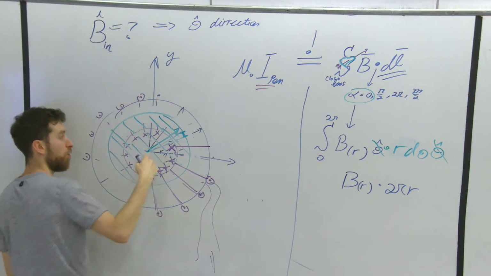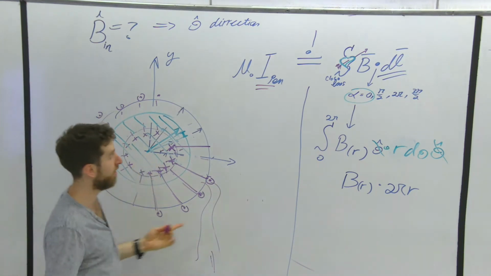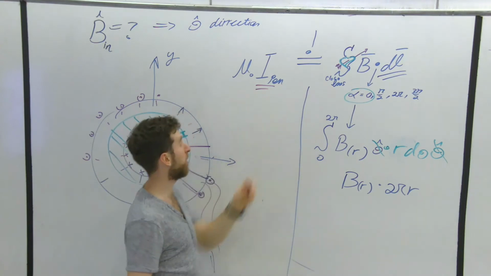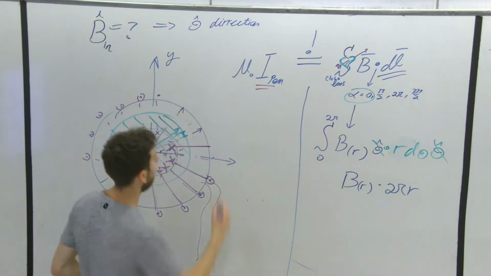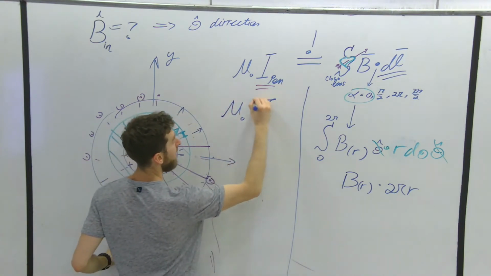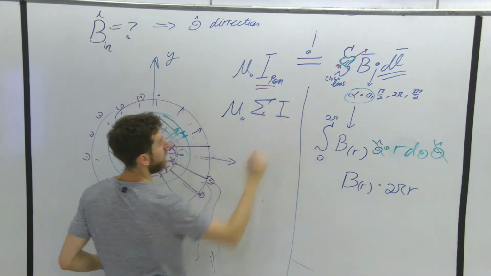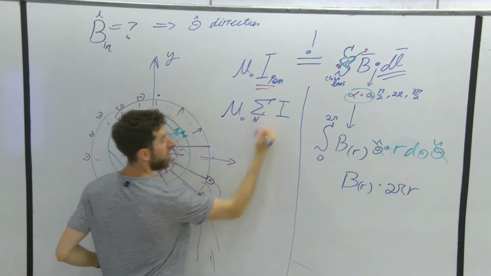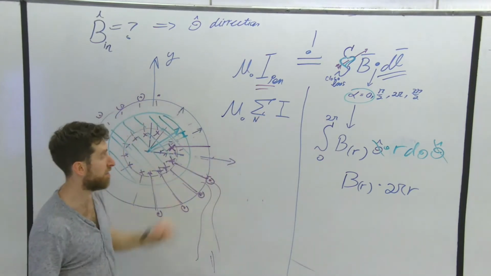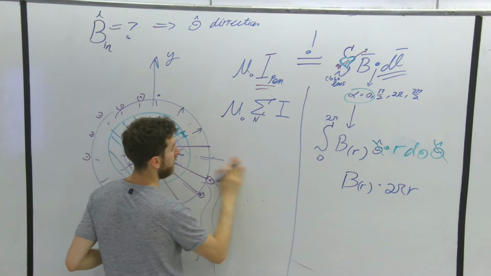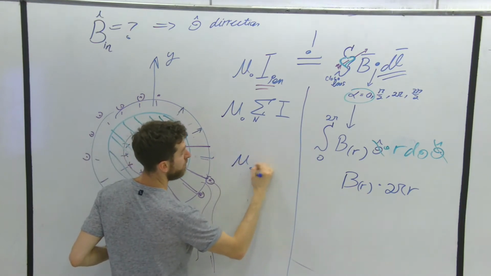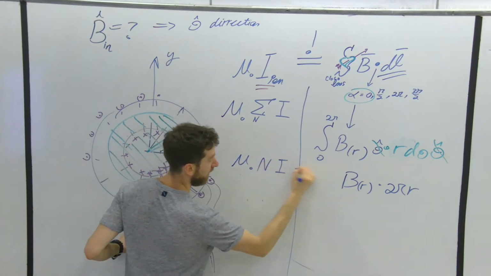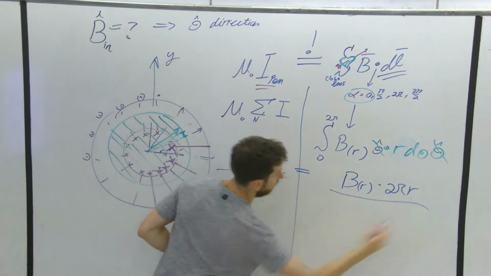Okay, so the part that's going inside is actually what's penetrating. So I have mu0, but I have many I's to penetrate in. How many? I have n coils, so I have n I's. So this means that we end up having mu0 n I equal to this thing, right?